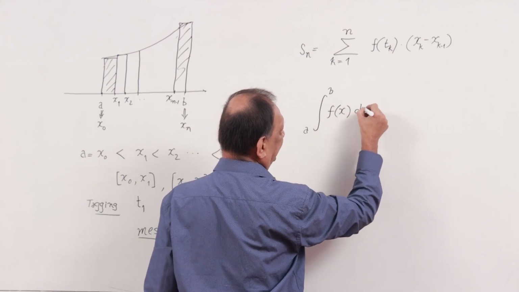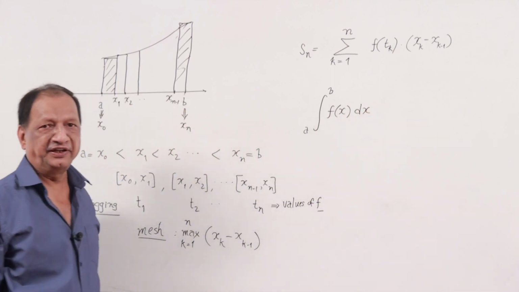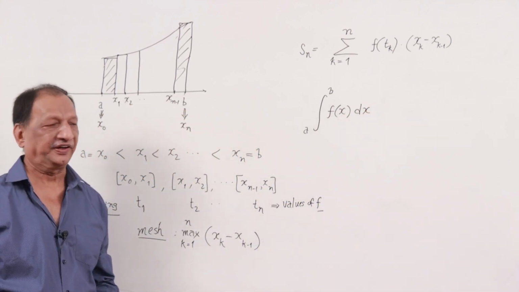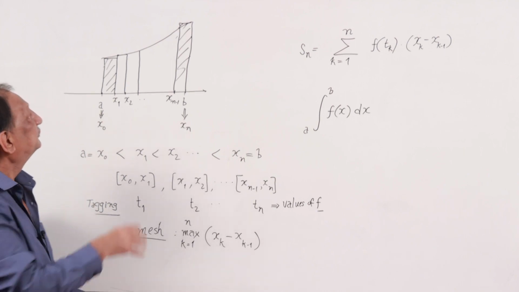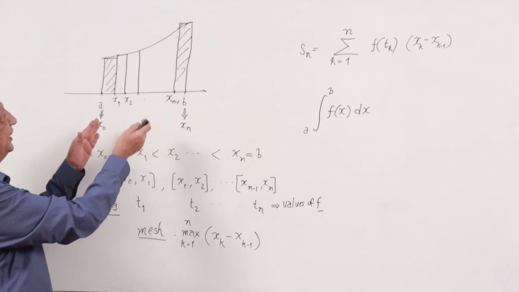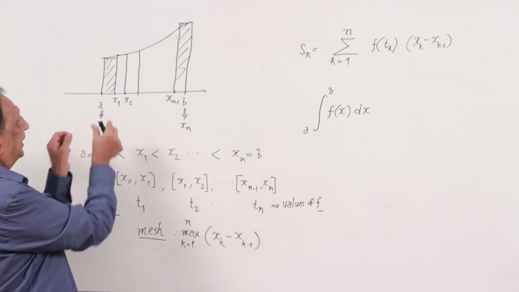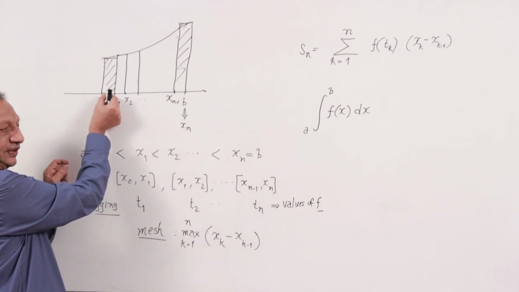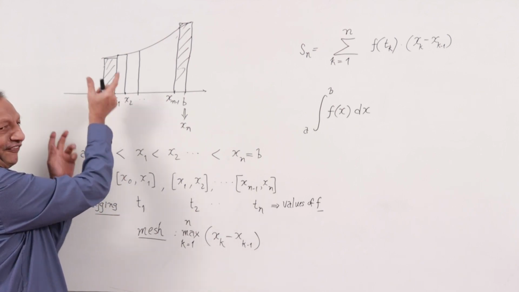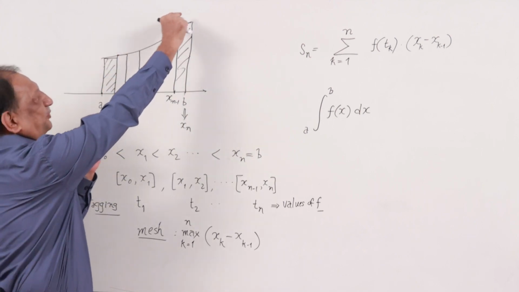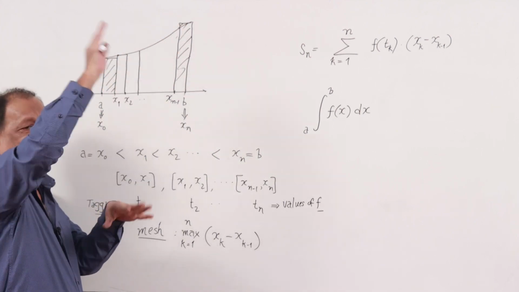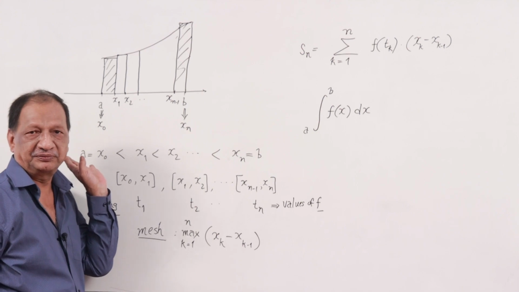This is how we write the definite integral, right? How do you find the area? By reducing the width of these slices indefinitely, so that those gaps merge into the curve. That's what we are trying to do.